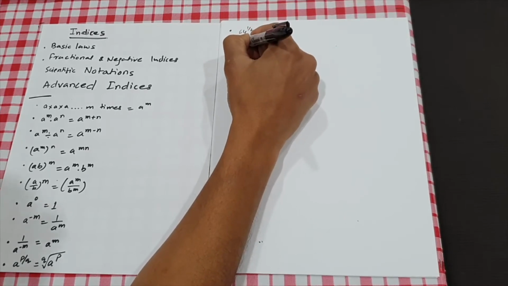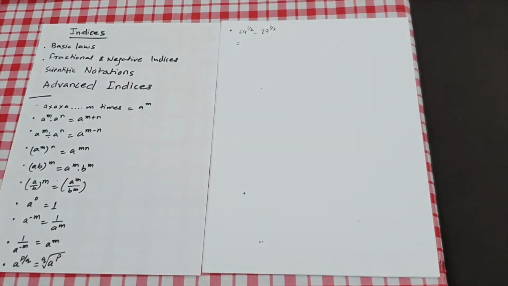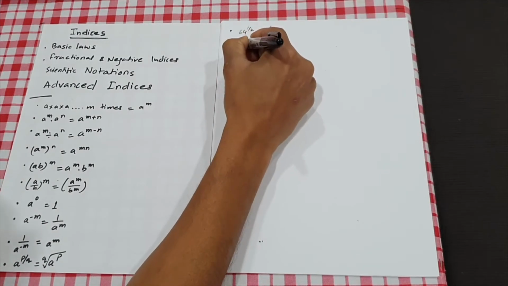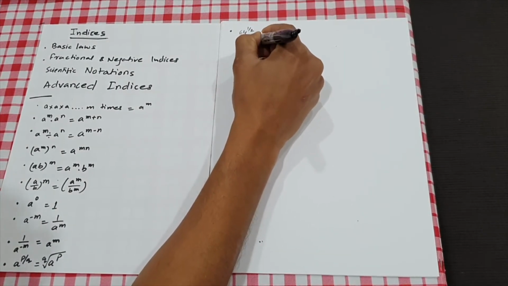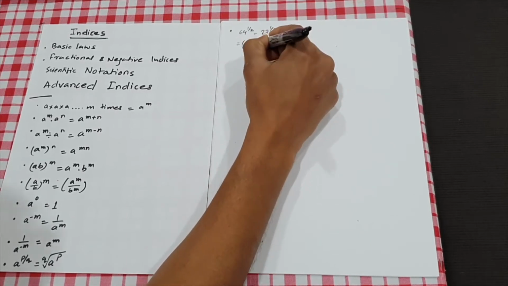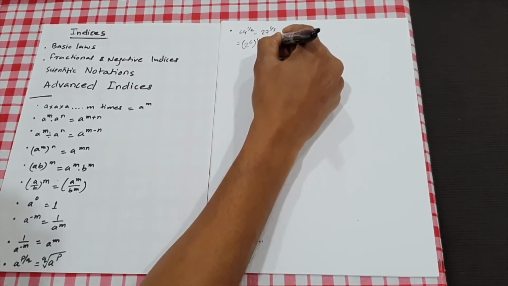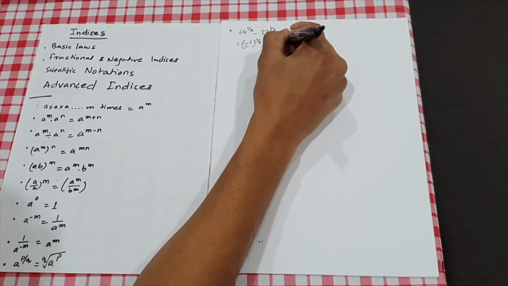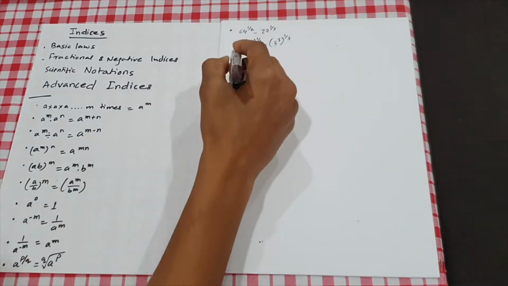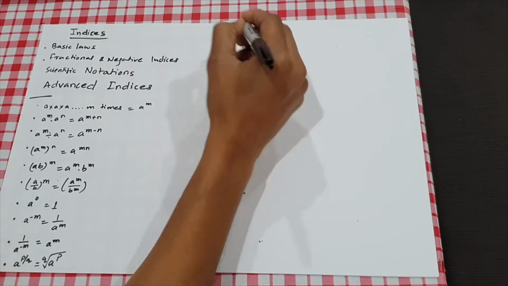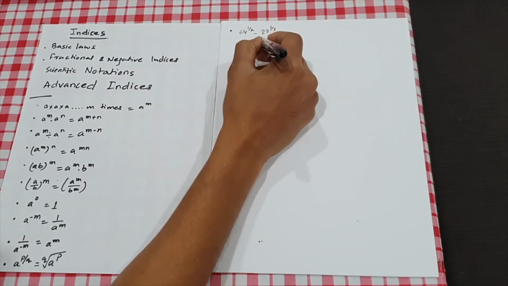64, let's try and factorize it to the extent possible. 2 to the power 6, and 27 is 3 to the power 3. Now you can see where I am going. 2 to the power 6, this gets multiplied.